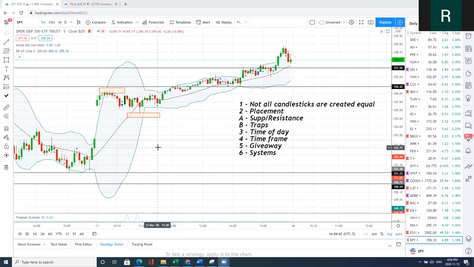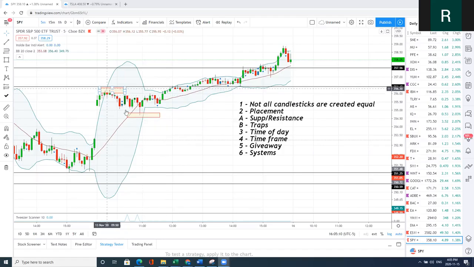Okay, so the first thing that we need to understand is that not all candlesticks are created equal. A hammer on a 5 minute versus an hourly versus a daily versus a weekly is completely different, because the time frame is a very, very important factor. The higher time frame we go means there are more traders involved and more volume in that particular candle.